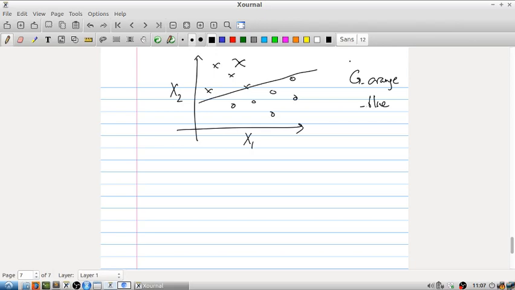In the first part of the class I said, can we just use y instead? We can say orange is 1 and blue is 0, and then we have a quantitative number now, which is either 1 or 0, and then we can just use linear regression.